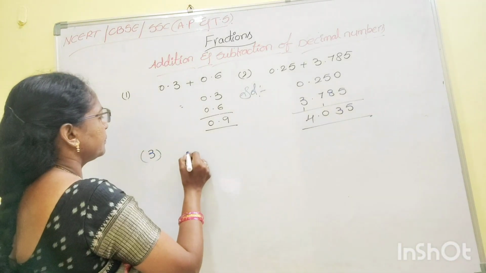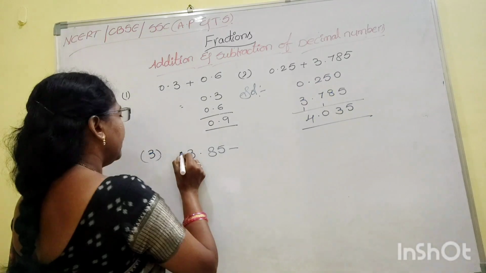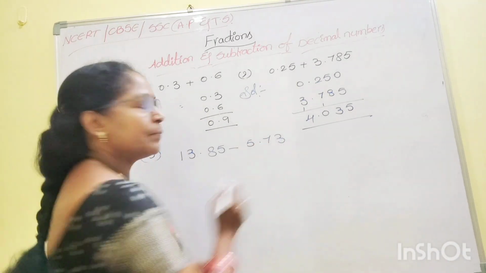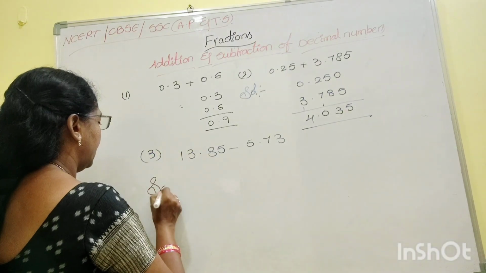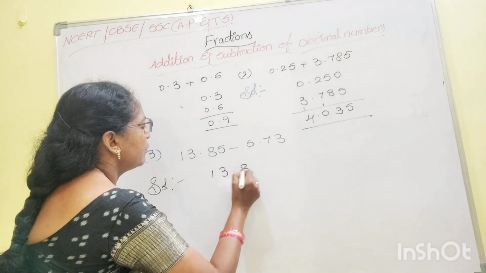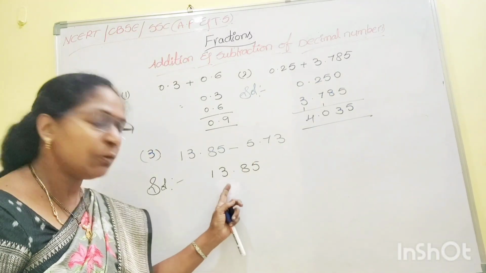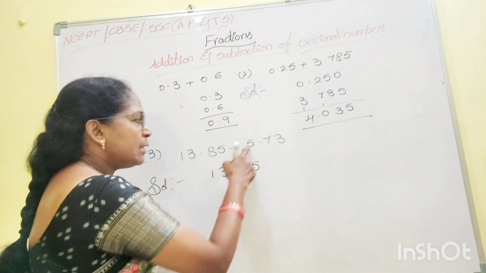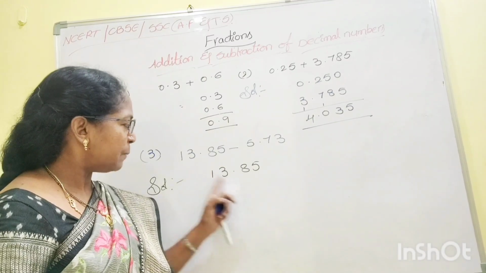Suppose subtraction of the numbers. 13.85 minus 5.73. This is the question. Now how to write these numbers? First number as it is, 13.85. Here 5.73. Before the point, two digits are there in the first number; in the second number only one digit is there before the point. 13 means tens place and ones place, and 5 is in the ones place.